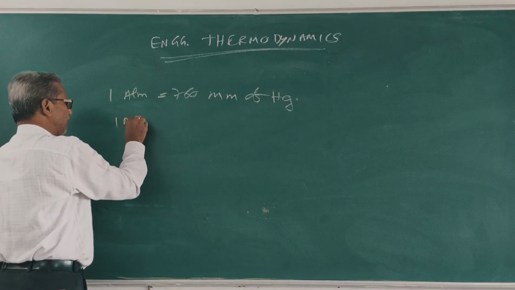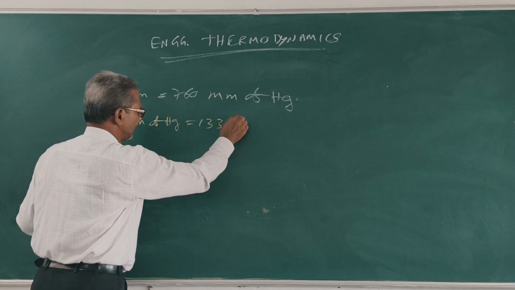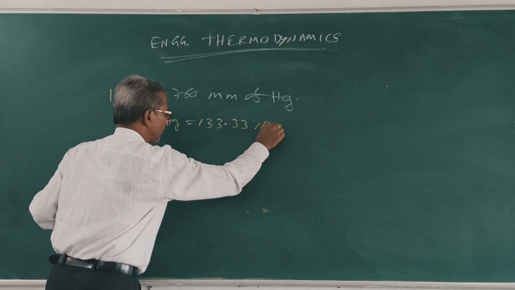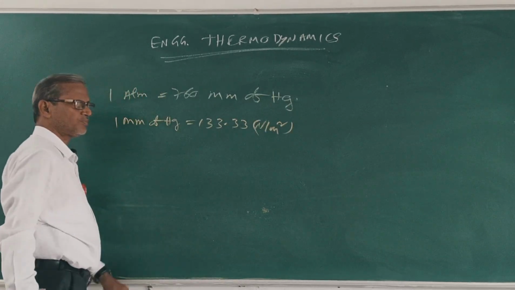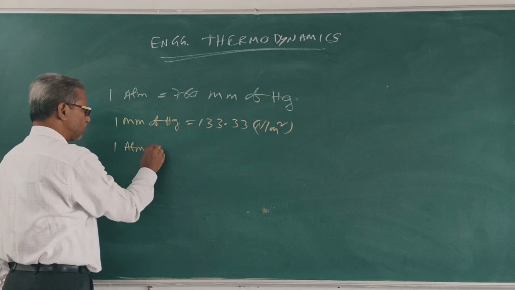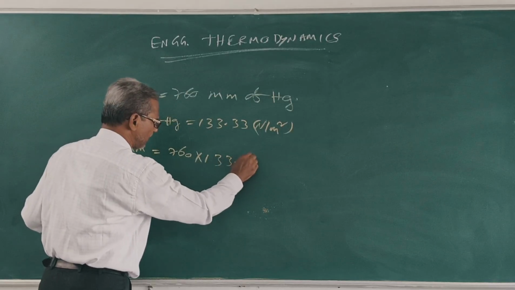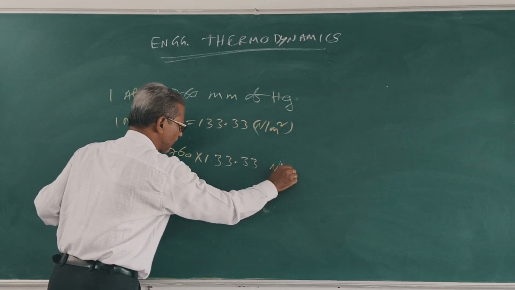1 mm of Hg is equal to 133.33 Newton per meter square. Clear? So 1 atmosphere pressure is equal to 760 into 133.33 Newton per meter square.